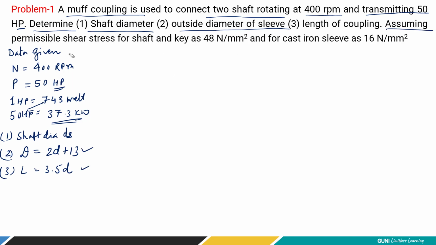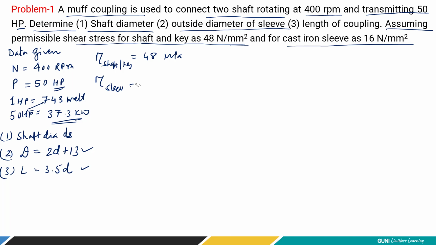Now, assuming the permissible shear stress for shaft and key is 40 Newton per millimeter square, that is, the shear stress for shaft and key is given as 40 megapascal. For the sleeve it is a different value, 60 Newton per millimeter square.